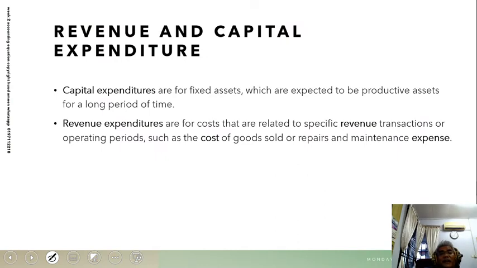Revenue and capital expenditure. Capital expenditure is for fixed asset, aset tetap, also called belanja modal, which is expected to be a productive asset for a long period of time.